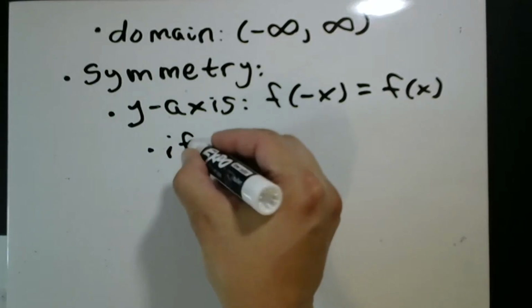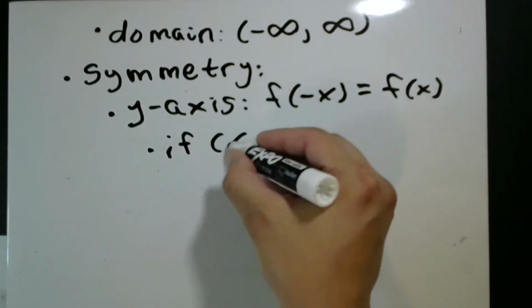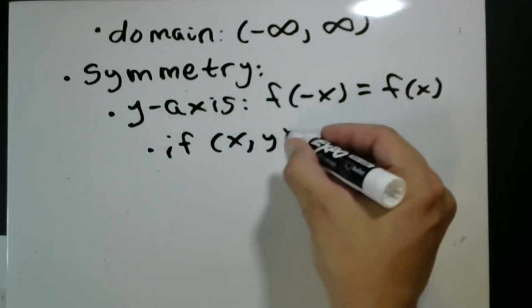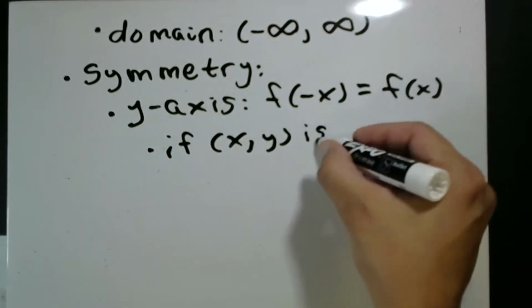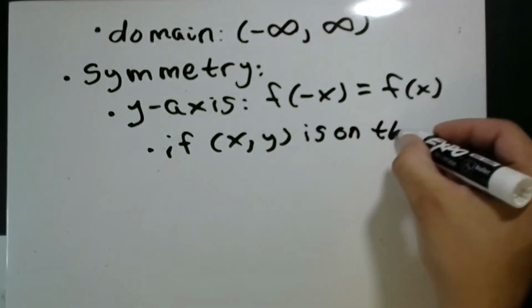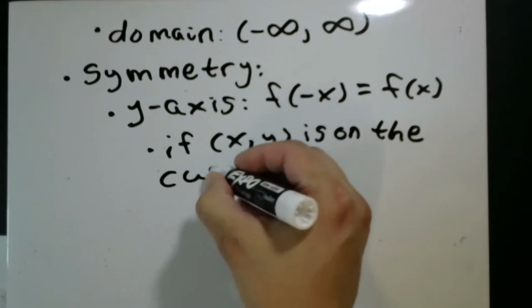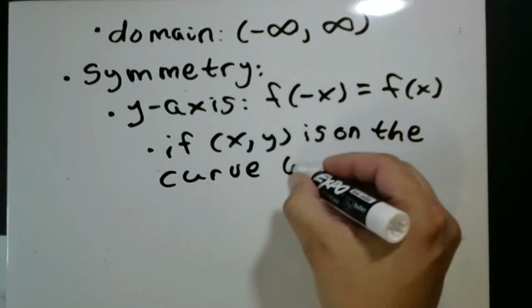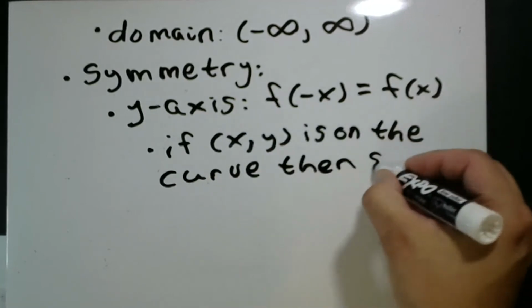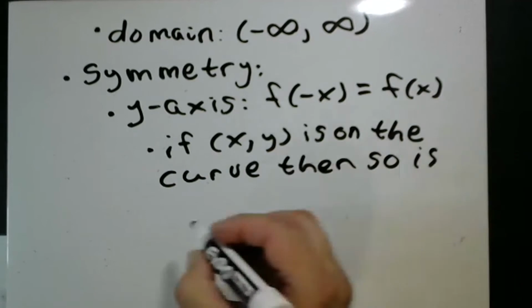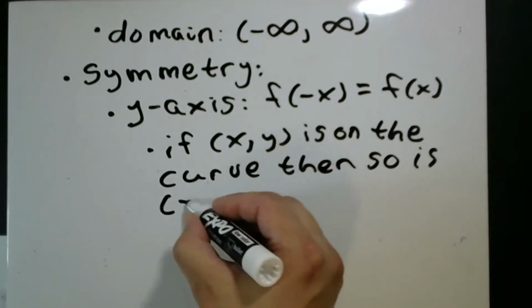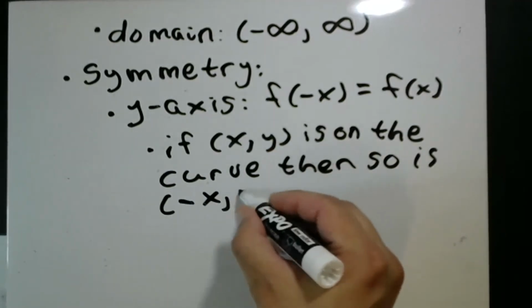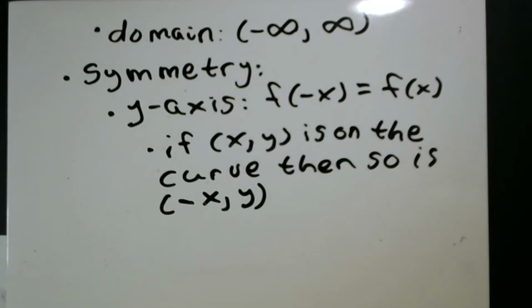Or put another way, if (x, y) is on our curve or our graph, then so is (-x, y). That will also be on our graph. So that's one kind of symmetry.